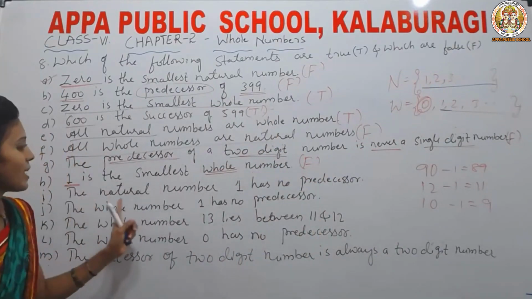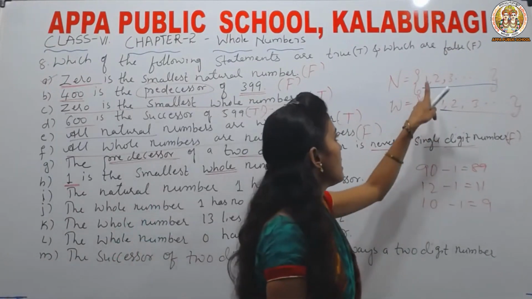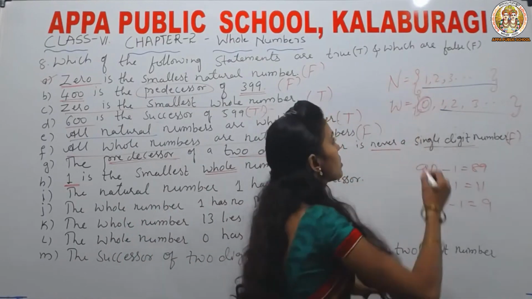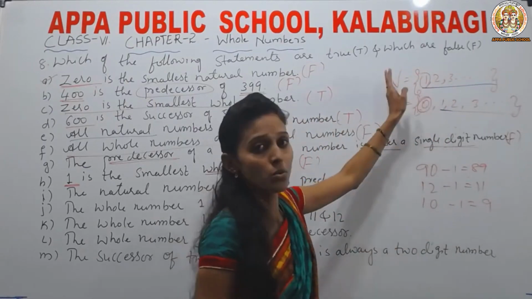Next, the natural number 1 has no predecessor. Yes, just now I said. Natural number 1 is the smallest one. We don't have any number previous to that.